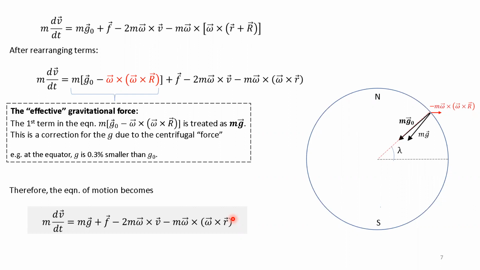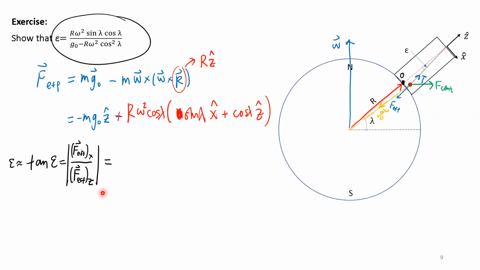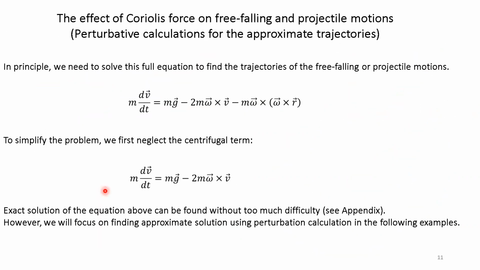So there won't be any tension, any friction, and so on. The only real force that we are going to consider would be the mg. So our goal in the upcoming examples would be solving this equation.